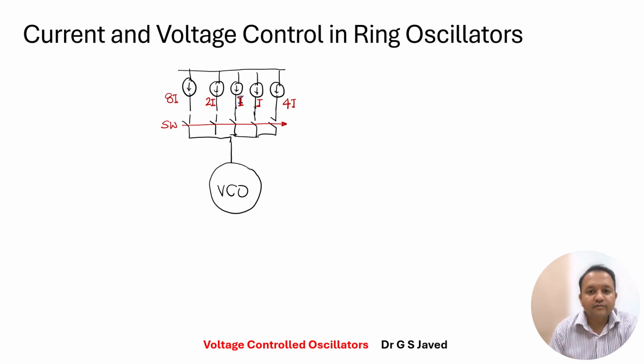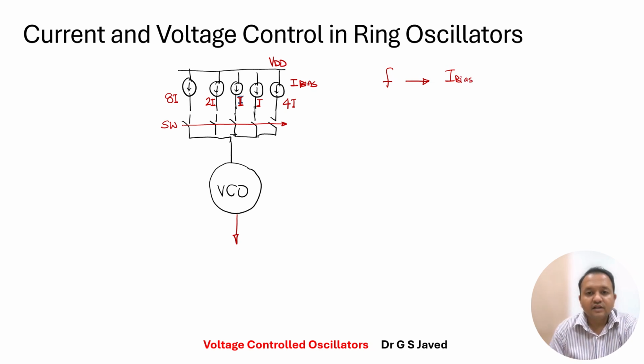And we know that in a particular VCO, which is operated with a ring oscillator, there are two factors. One, the frequency output of the VCO is directly proportional to the bias current through the inverters.